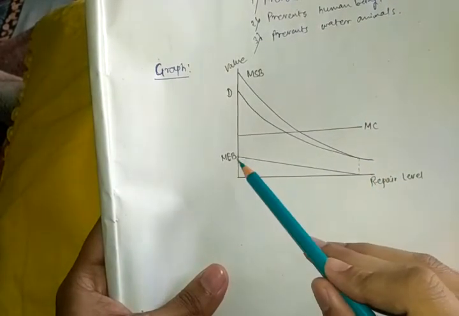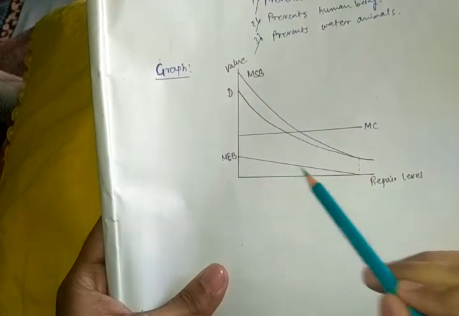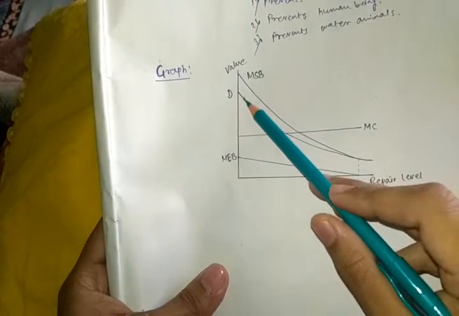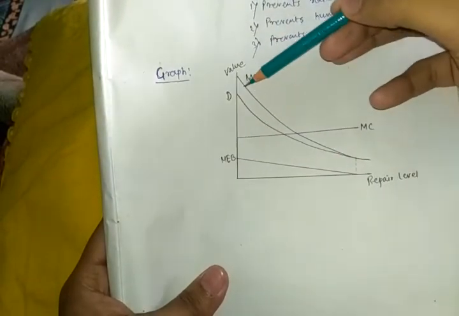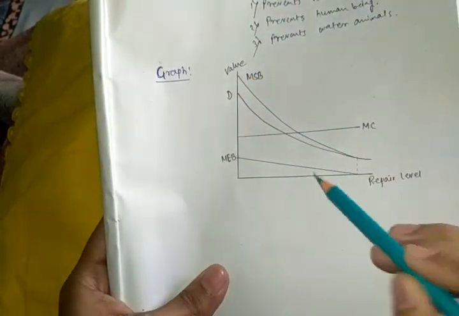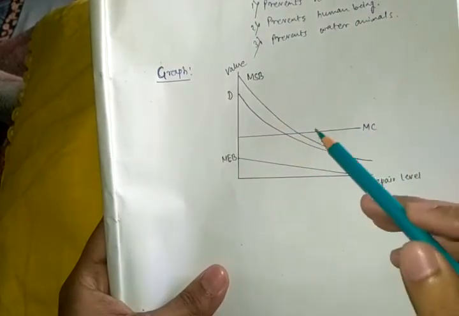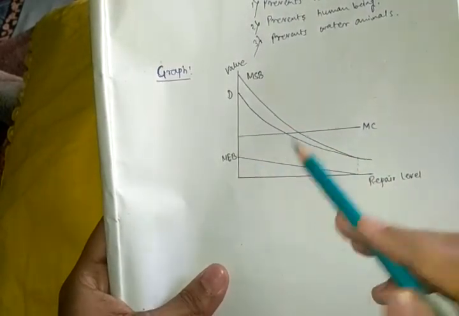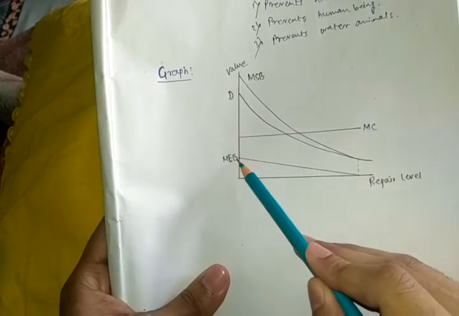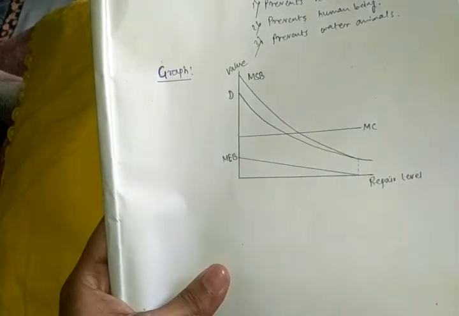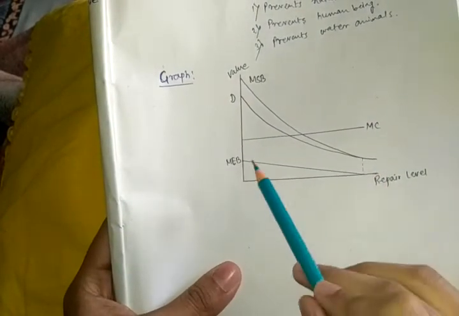So the marginal external benefit is also downward sloping. Because if the teacher repairs the phone and then continues his classes, then definitely the students will get benefited, right? Here MEB is the marginal external benefit, and it is downward sloping.